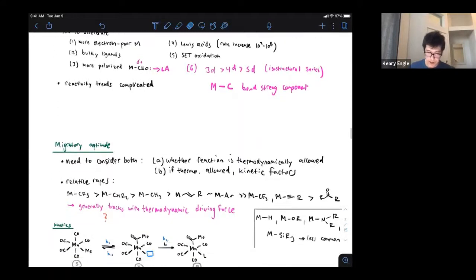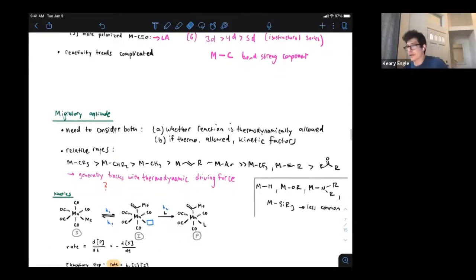And so in considering migratory aptitude, I think there are two questions that should be going through your mind. The first is just, is the process thermodynamically allowed or thermodynamically favored or not? And the answer is typically not for the ligands highlighted in this gray box. Hydrides, alkoxides, metal amides, silyl groups.